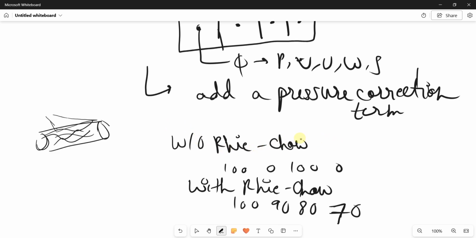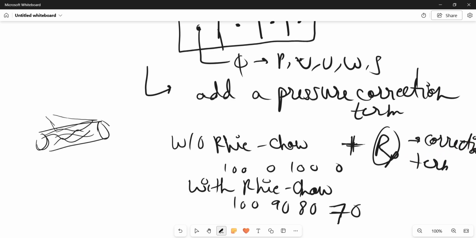So with the addition of a pressure correction term, it's like a plus Rp. This Rp is just a correction term that is added so that you don't fail under the checkerboard pressure case, right?